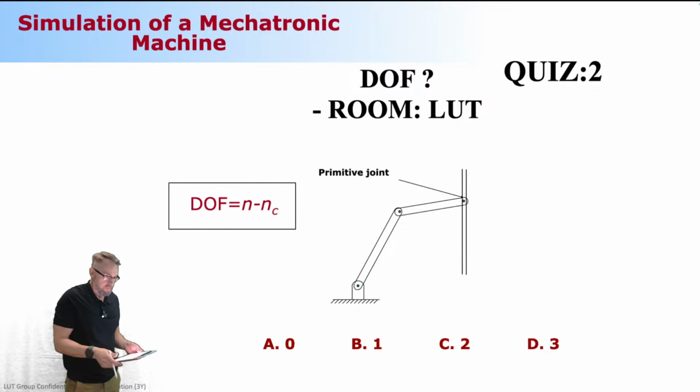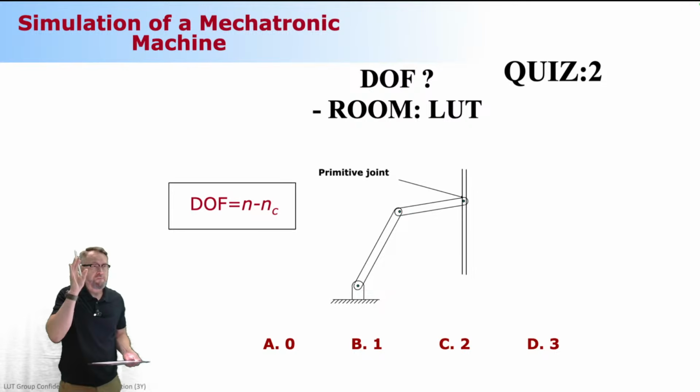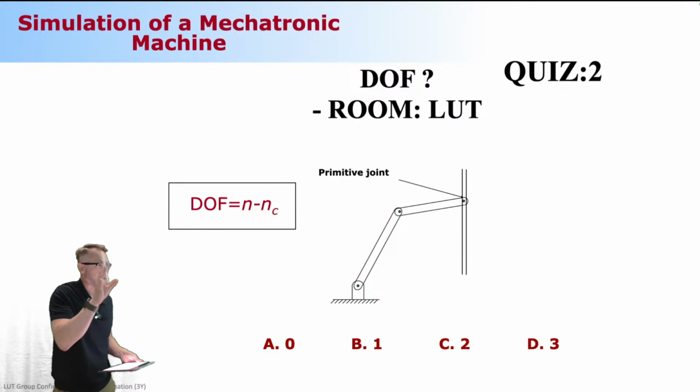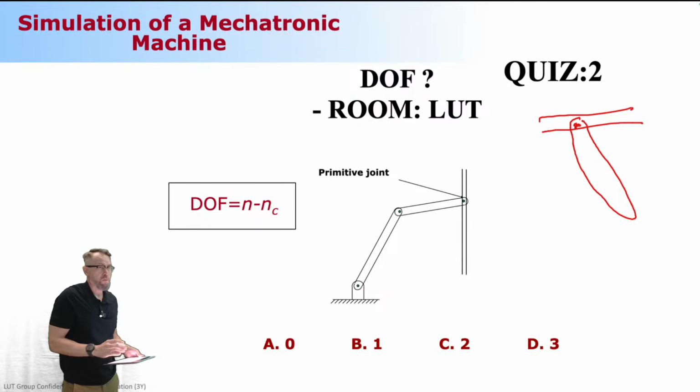All right, then I have another in-class quiz. You need to look at how many moving bodies you have here. Then you need to remember how many constraints are needed for different kinds of joints. And just to refresh your mind, a primitive joint is something where the constraint point is moving within the slot.